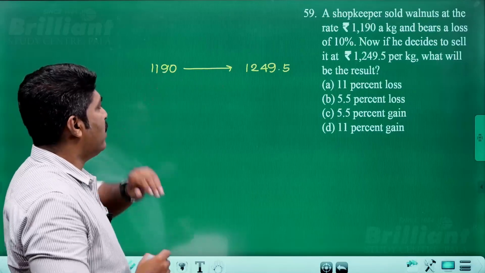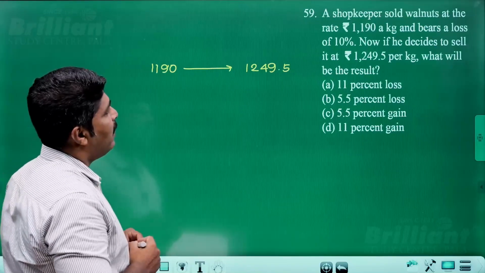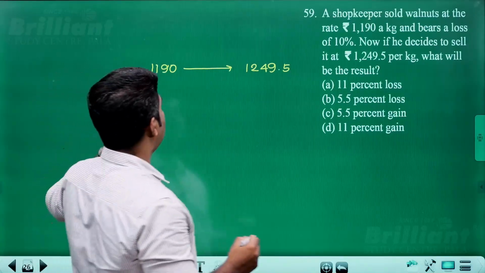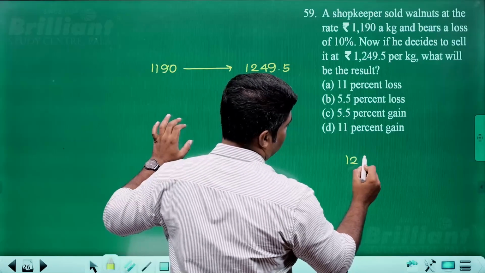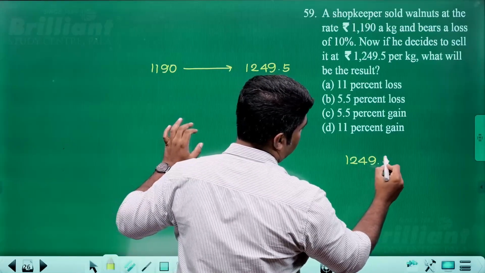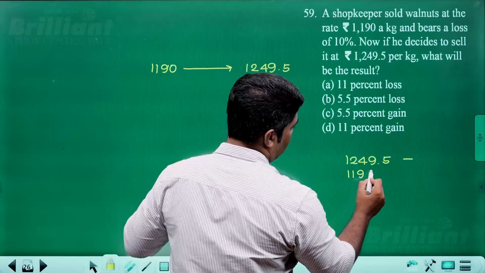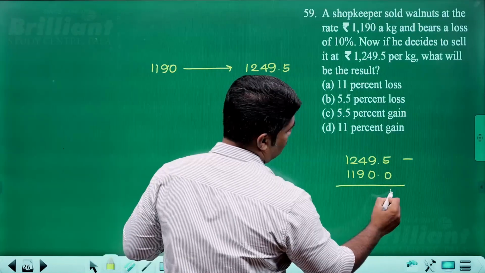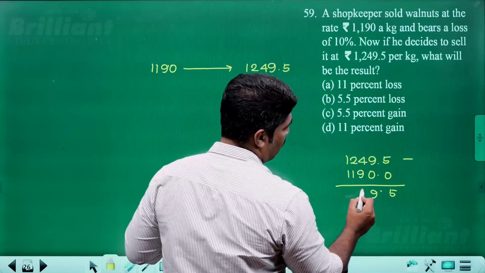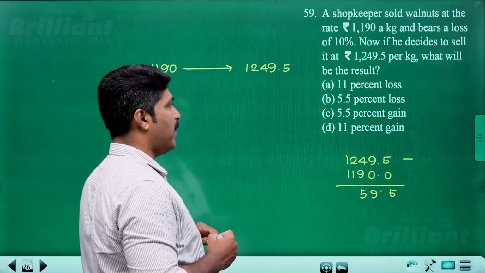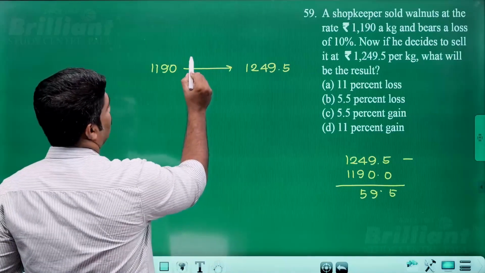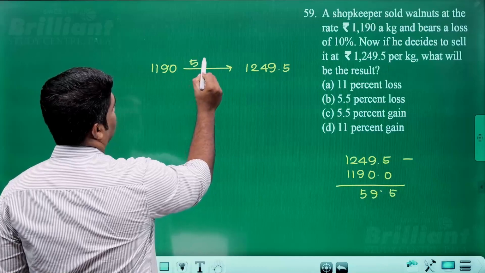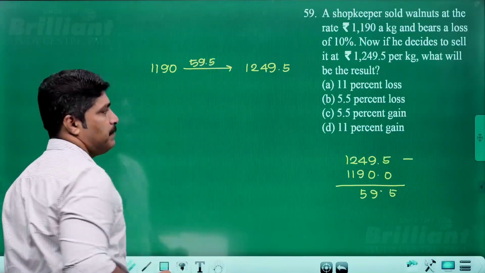What is the difference here between 1190 and 1249.5? You just subtract it. 1249.5 minus 1190. So this is 59.5 more.